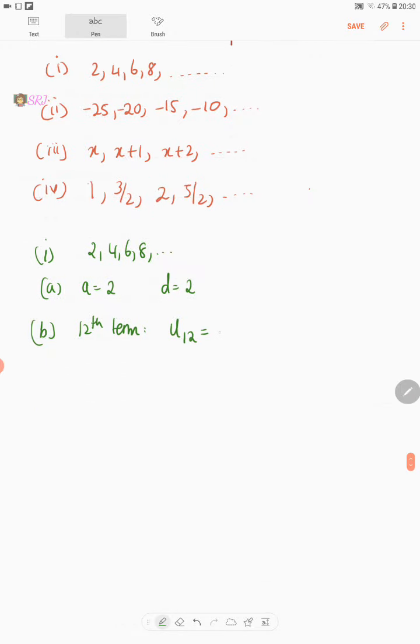So it will be 2 plus 11 times 2, which is 24. So we know that the 12th term will be 24. Instead of adding 2 each time until we reach the 12th term, we can get it directly by using the formula.